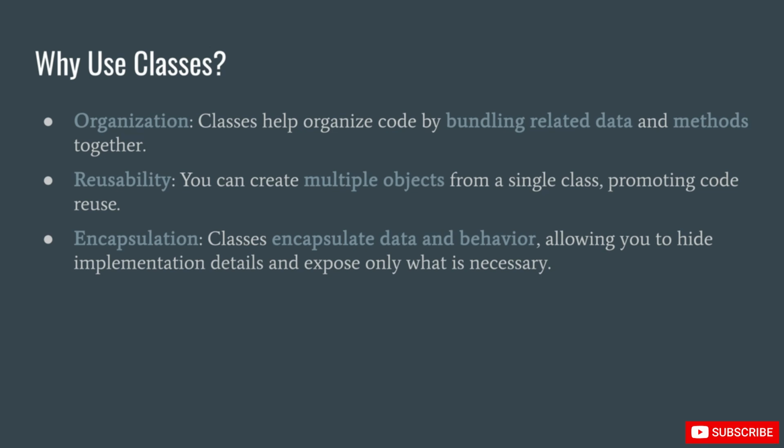This promotes code reuse, allowing us to apply the same blueprint to create different instances without rewriting code. Finally, encapsulation. Classes encapsulate data and behavior, meaning we can hide implementation details and expose only what is necessary. This abstraction simplifies complex systems and allows us to focus on the interface rather than the underlying complexity.